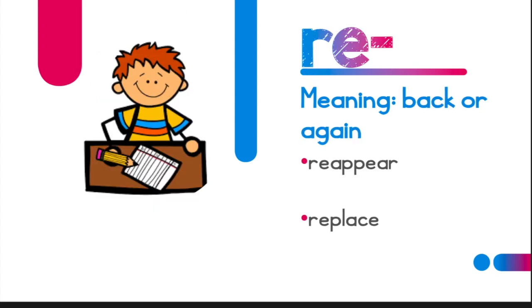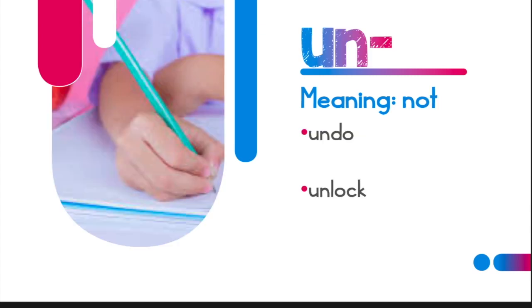Re is a prefix that means back or again, like the word reappear or replace. Un is a prefix that means not, like undo and unlock.